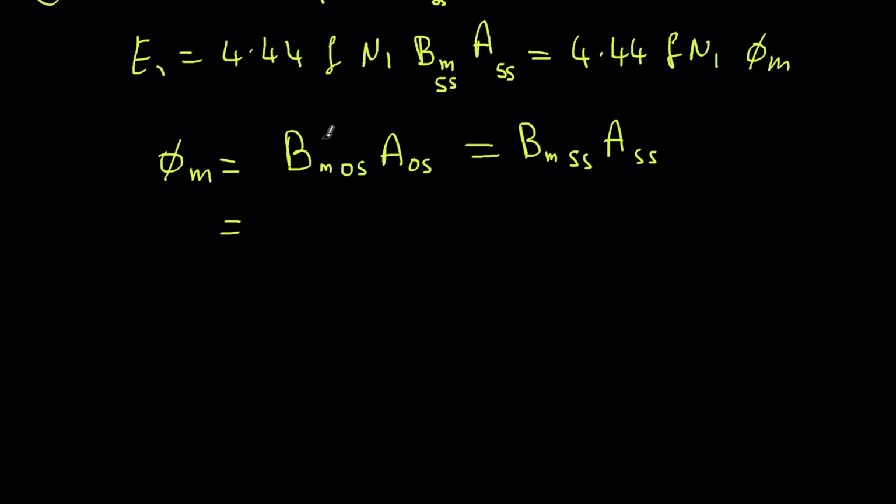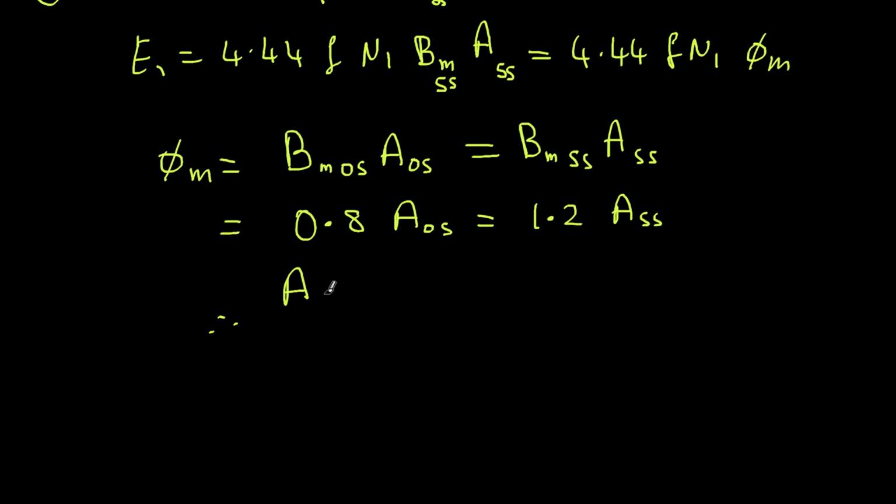So if you see, the ordinary steel flux density is 0.8, therefore my silicon steel flux density is 1.2. So it is like this. Therefore, what is the ratio?